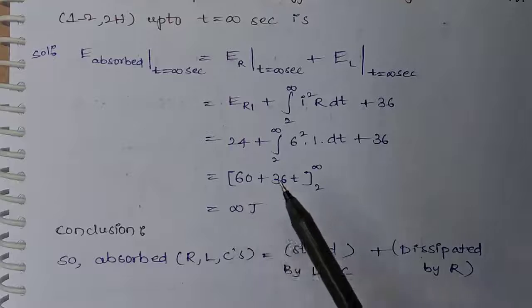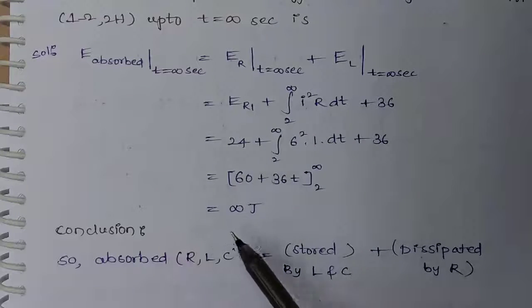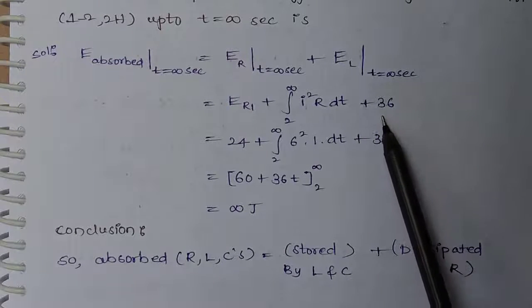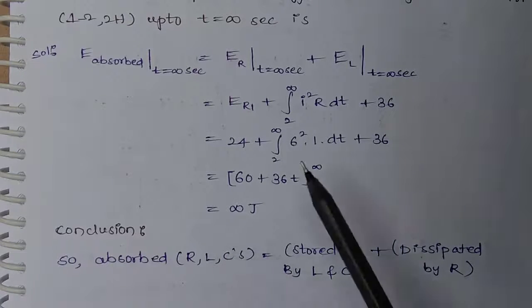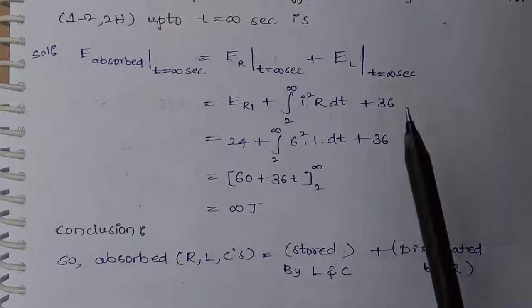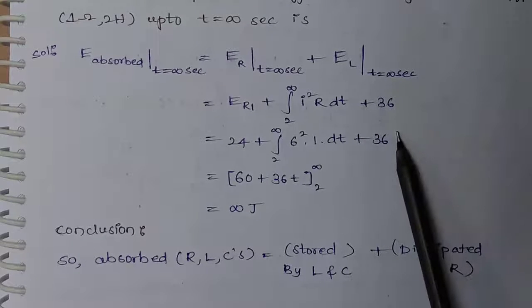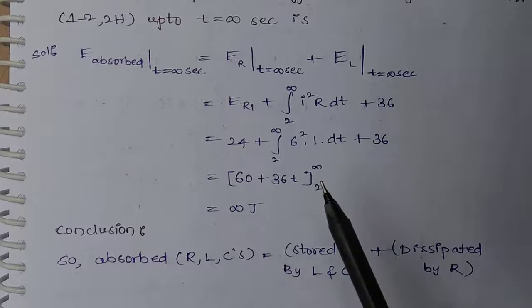The resistor is going to dissipate the energy continuously up to infinity. That's why we are getting the energy as infinity. But the inductor is going to store or absorb the energy up to 36 joules only. That means the energy absorbed by the inductor is going to become a finite value, and the energy absorbed by the resistor is going to become infinity up to infinity seconds, right?